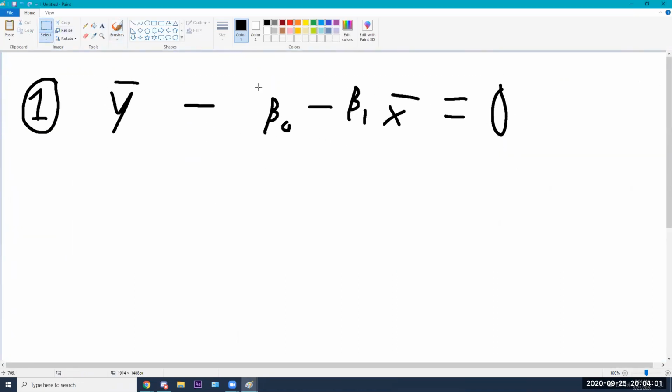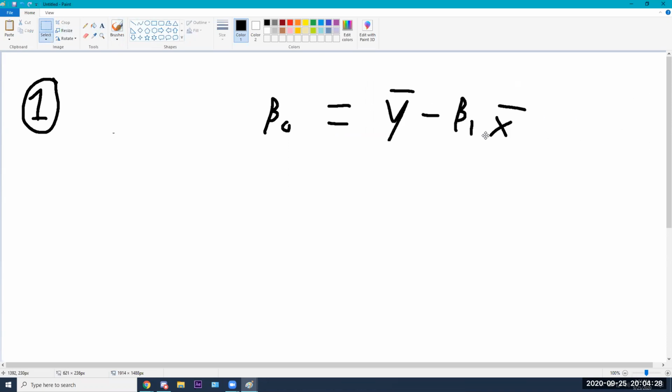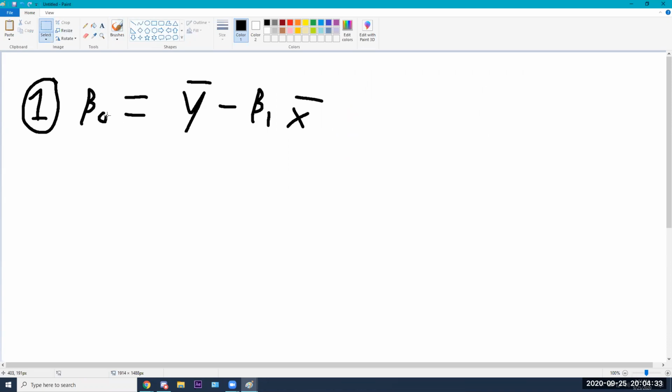So, subtract y bar from both sides, right? Multiply everything by -1, and then subtract beta 1 x bar from both sides. And this is what we get left with: beta naught is equal to y bar minus beta 1 x bar.